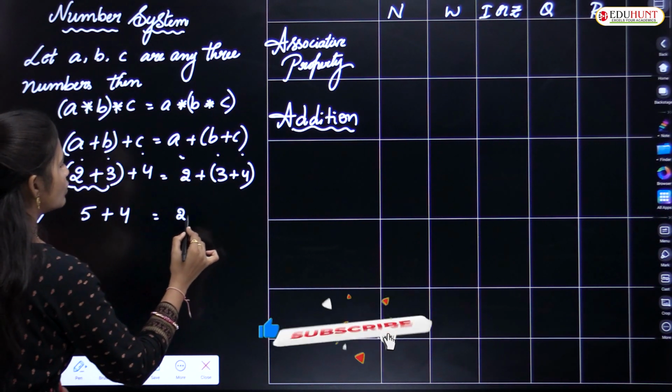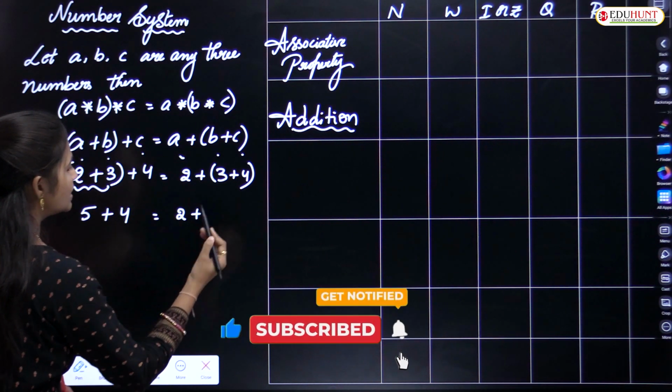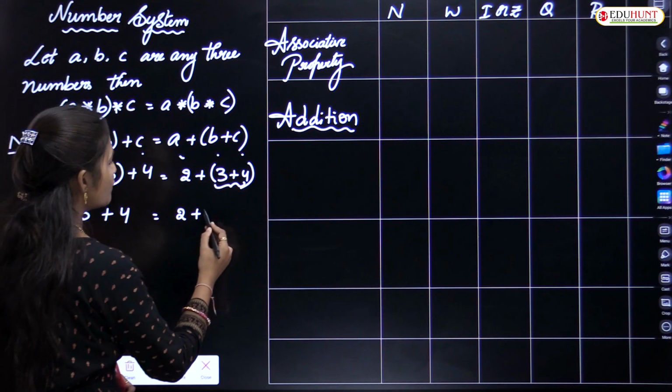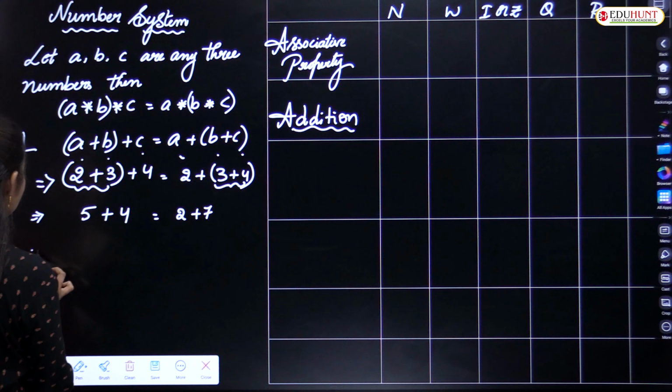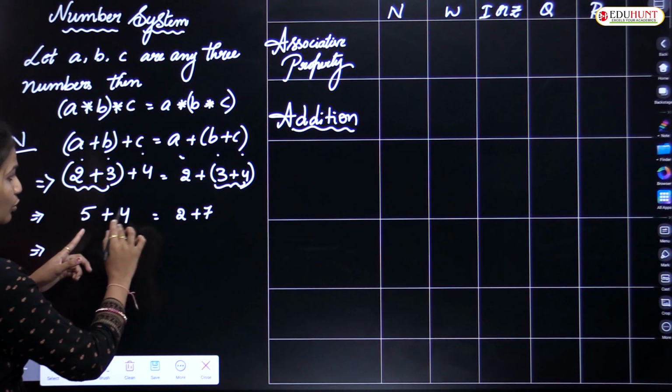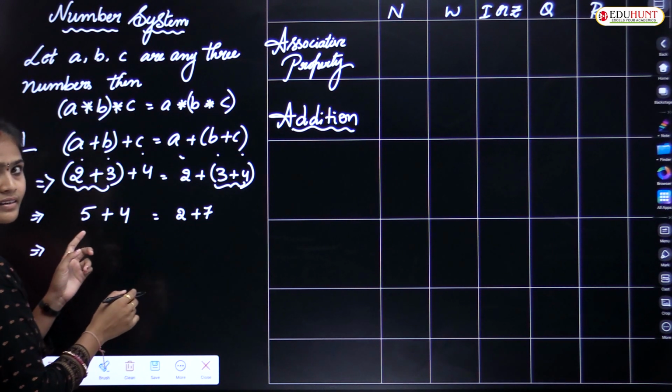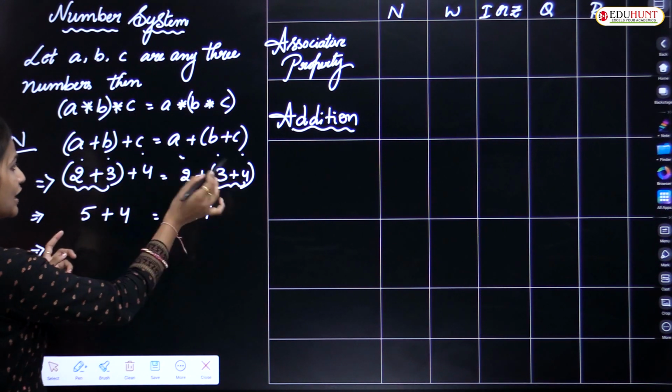On the RHS, 2 as it is, plus 3 plus 4, and 3 plus 4 is 7. Up to here we have two different numbers because we added in a different manner.